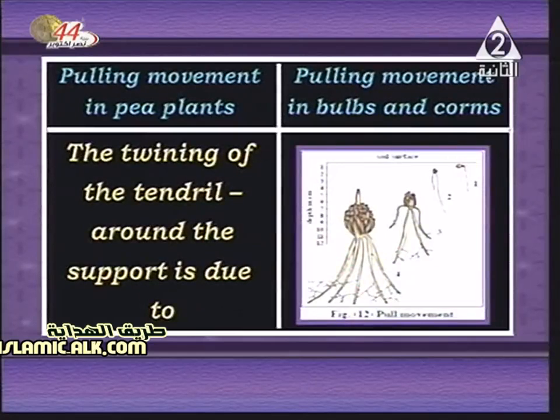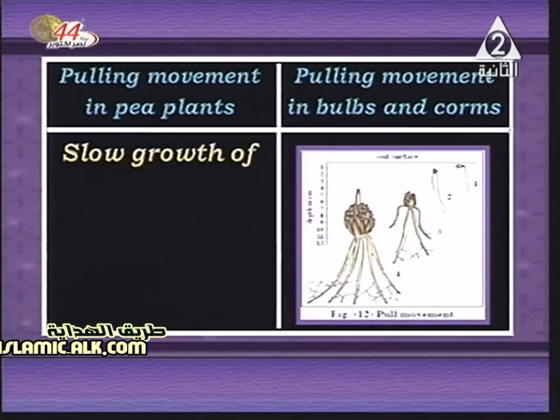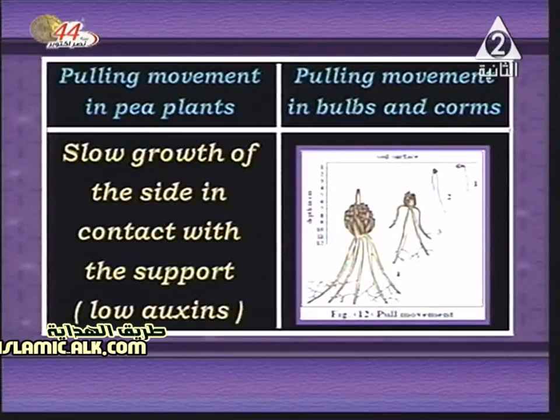We have two sides of the tendril, the side near the support and the far side. The slow growth of the side in contact with the support, the side nearer to the support, has a low amount of oxygen. So its growth will also be slow.